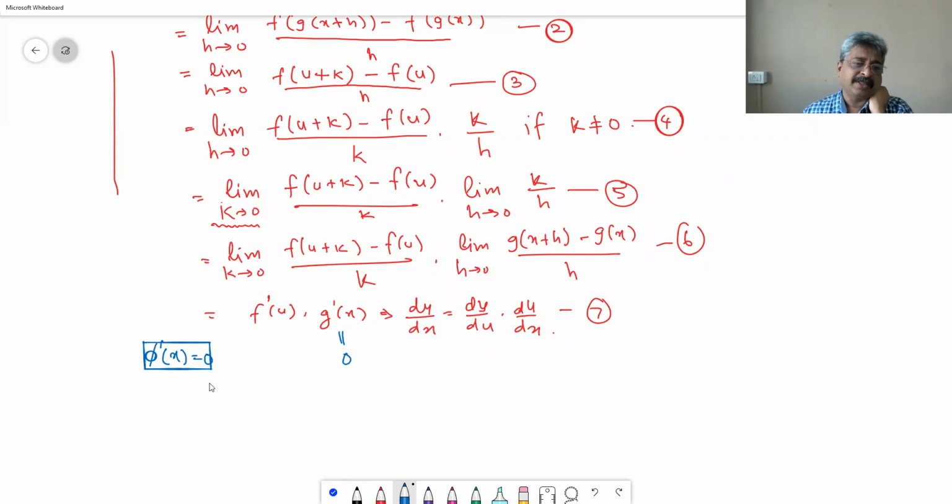Therefore, we can conclude by saying if k is equal to 0, then g dash of x is equal to 0, implying phi dash of x is equal to 0, which is true.